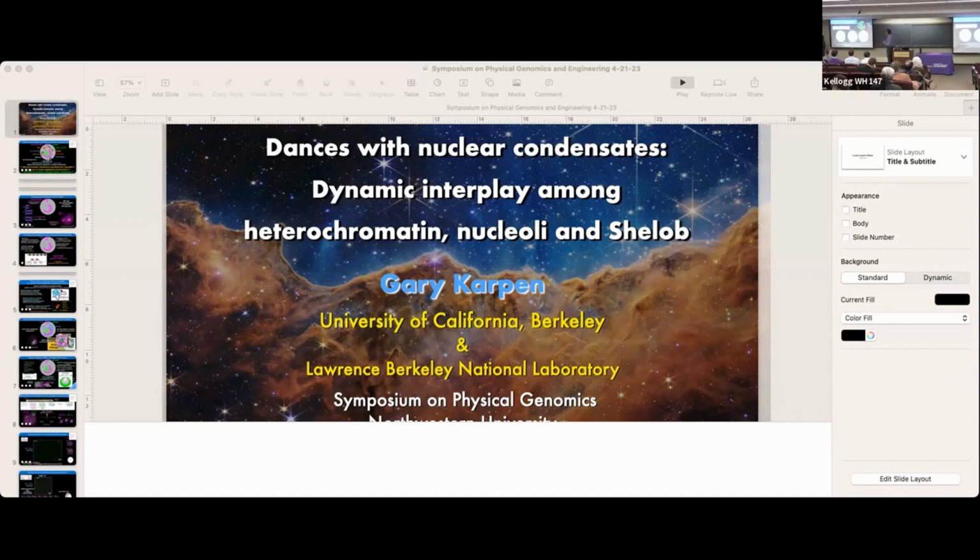So bottom line is we think that this layering of SHELOB, HP1, and the nucleolus is mediated by affinity hierarchies, specifically amphiphilic proteins with weak heterotypic affinity, contrasted with stronger homotypic affinities.